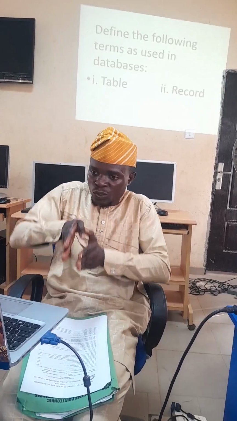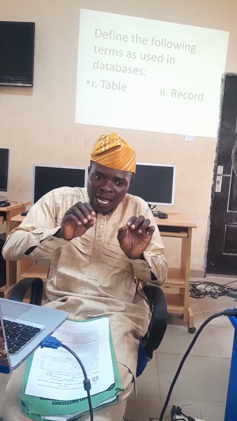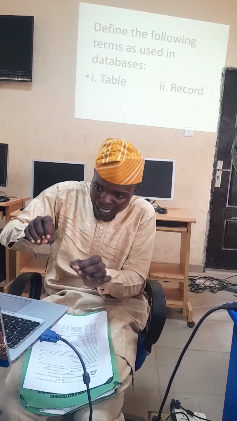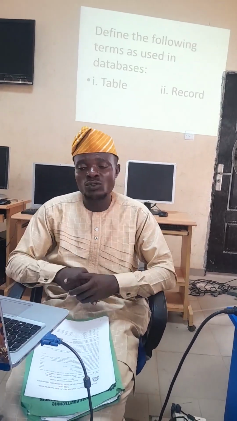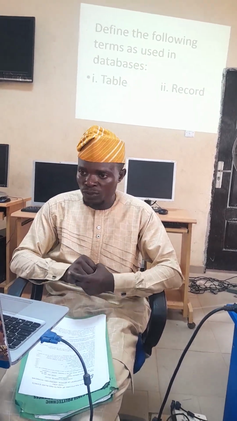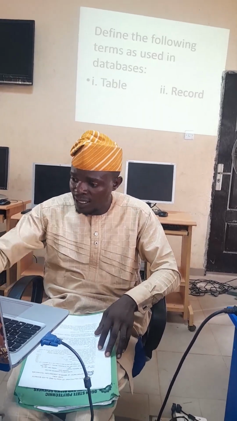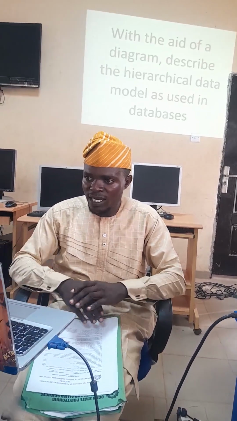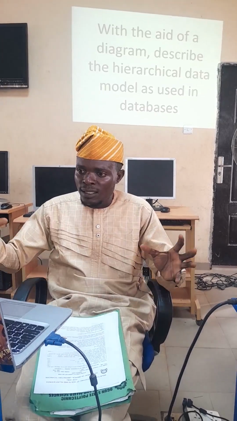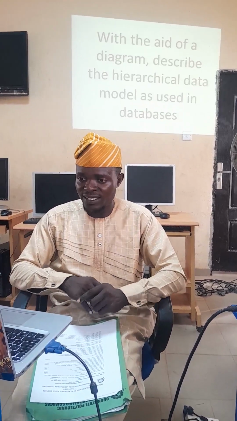Name is a field on its own. Matric number is a field on its own. So Adebola and 114 is a record on its own, and Adetunji and 216 is a record on its own. By that we should be able to do justice to this, and we can always read up and widen our scope as regards this.